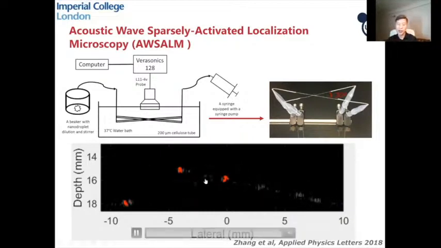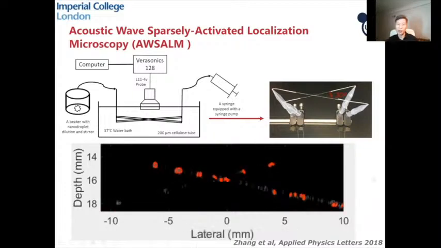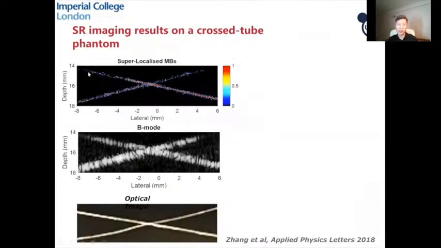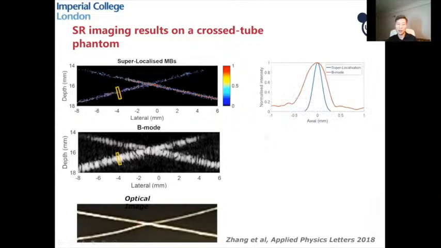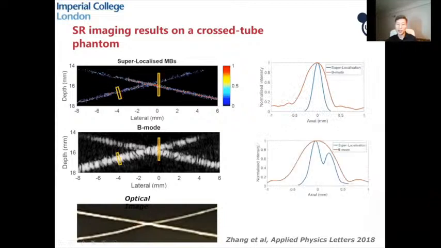By detecting this signal and accumulating over time, you can generate these super resolution images, compared to these diffraction limited images and these optical images. And if you look at the resolution, you can see that it can separate structures that the conventional B-mode image cannot.